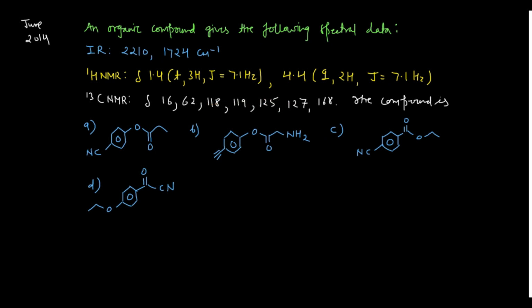So again, you can check the frequency which is close to a carbonyl or not. If you focus on this 168, I already told you esters have the carbonyl frequency between 170 to 185, and this 168 carbonyl frequency is quite close to that.